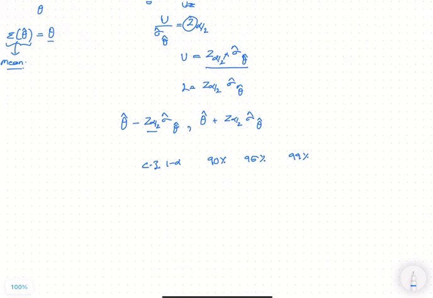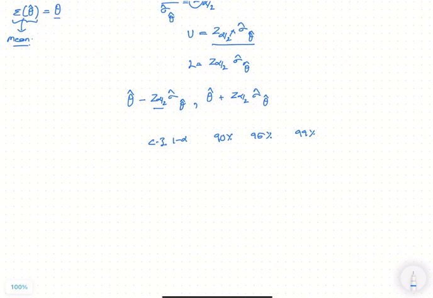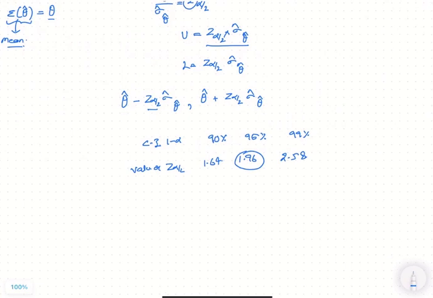Typically we choose these, and the values of z alpha half are 1.64, 1.96, which is what you're going to use most of the time for the 95% confidence interval, and 2.58. This also shows that the higher the confidence level, if we are using 99% confidence level, the length of the interval will become larger.